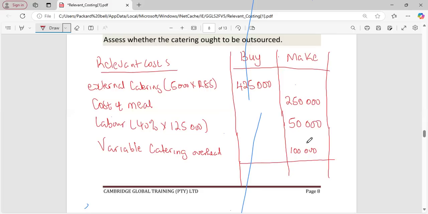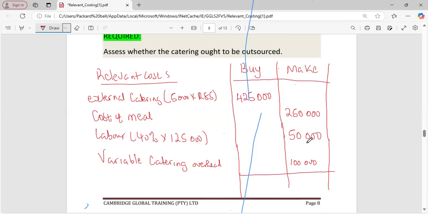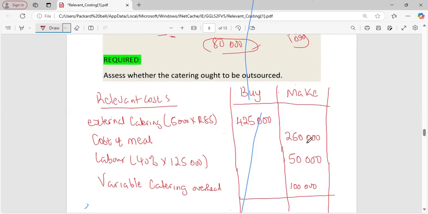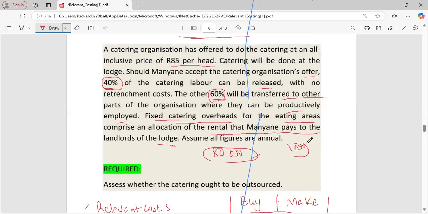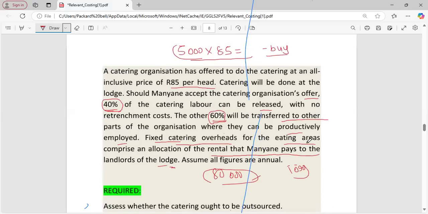But the 40%, we want to know how much it will cost us in terms of the retrenchment and so forth.